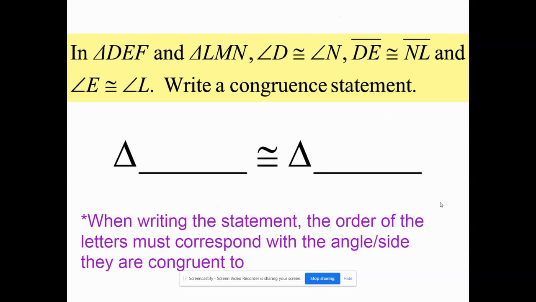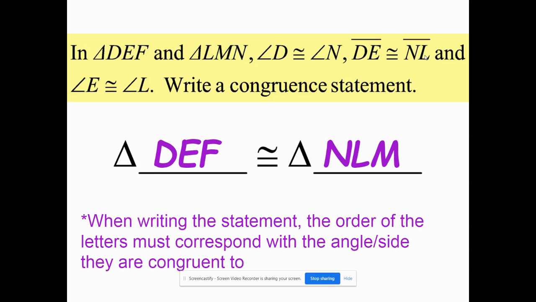So we have to be really careful when we're writing these statements because the order has to correspond with the order of the triangles that I've been given. So I could say DEF to NLM because D and N line up.